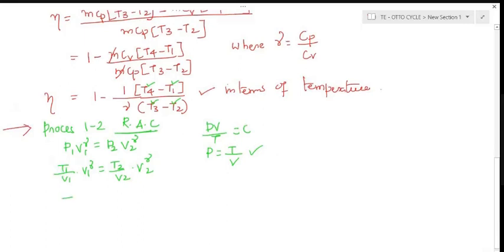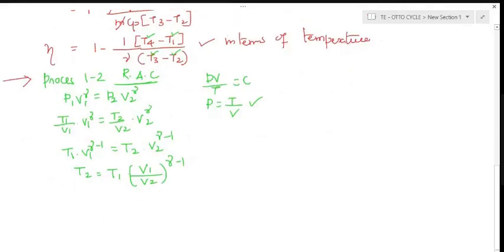So we can say T1 into V1 power gamma minus 1, because if you move from denominator to numerator, we can say that, equal to T2 into V2 power gamma minus 1. So T2 equals T1 into (V1 divided by V2) power gamma minus 1. We already know that V1 by V2 is the compression ratio.